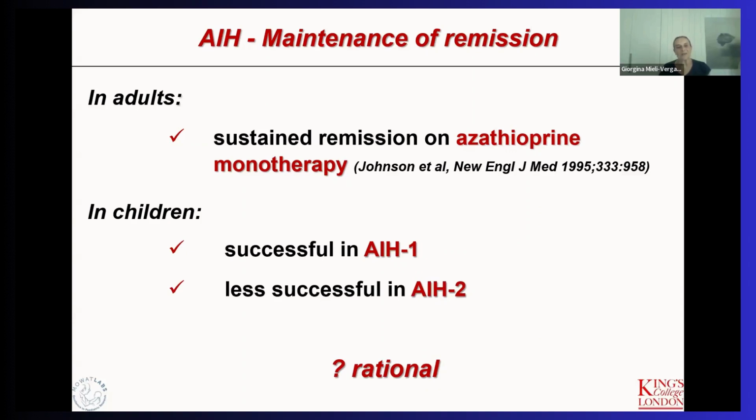In fact, I prefer, and I would like to say that now also adult hepatology is saying, to use a very minimal dose of non-toxic steroids and azathioprine, which keep remission, rather than having to increase the dose of azathioprine on its own to maintain remission. And azathioprine is certainly more toxic than very low dose steroids.